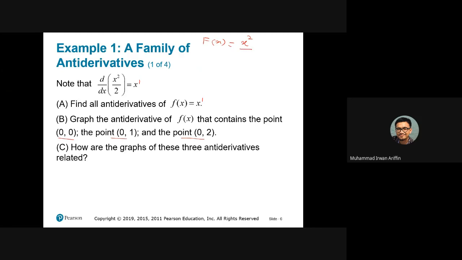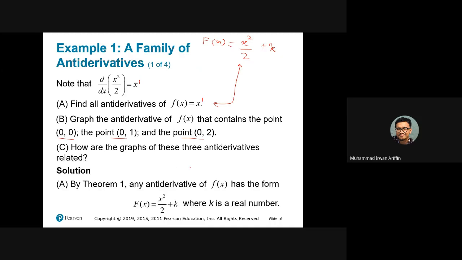When we differentiate, the 2 comes to the front, so we divide by 2, and then plus k, small k, where small k can be any real number. So this is for part A. In all the antiderivatives, k can be any real number: 0, 1, 2, 3, any real number.